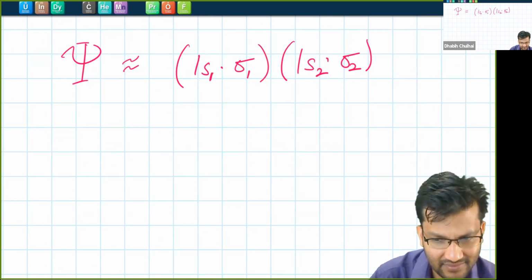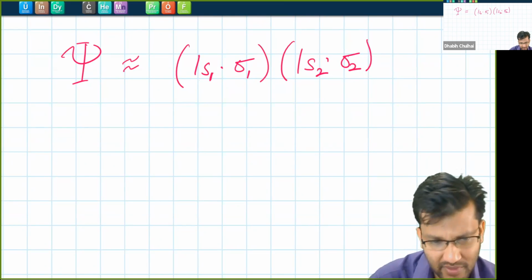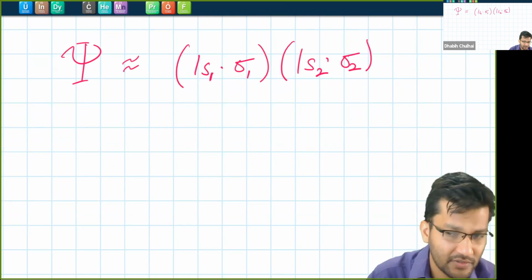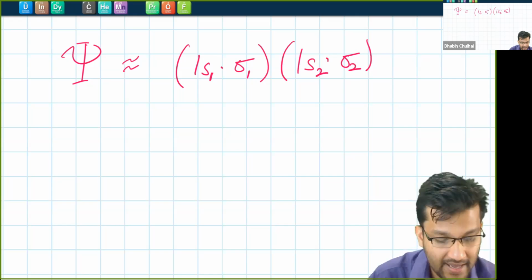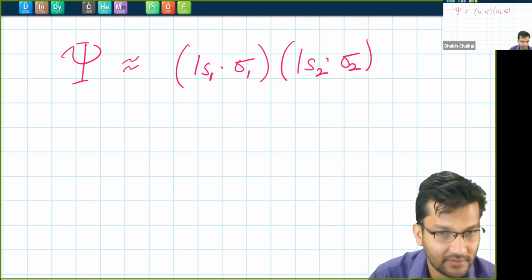We kind of learned that in high school, maybe. And then there's the spin part. But my question to you is, what's the spin part? And what does it even mean to be in the 1s orbital?